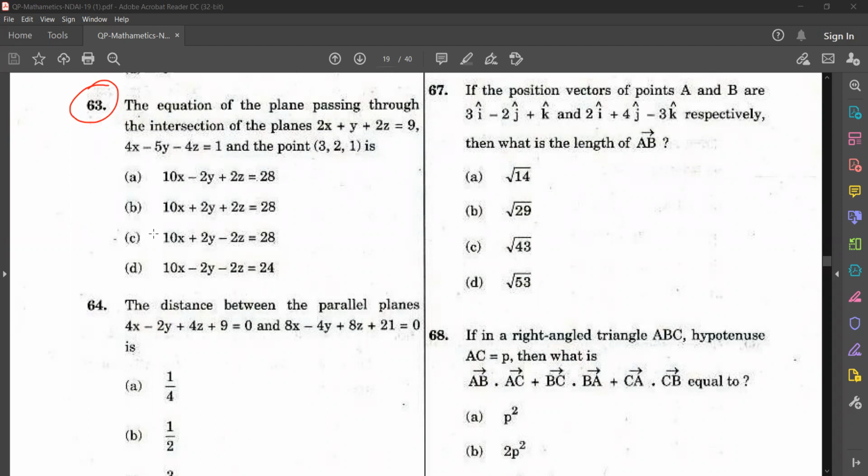Okay, so listen. How to solve this direct question now?